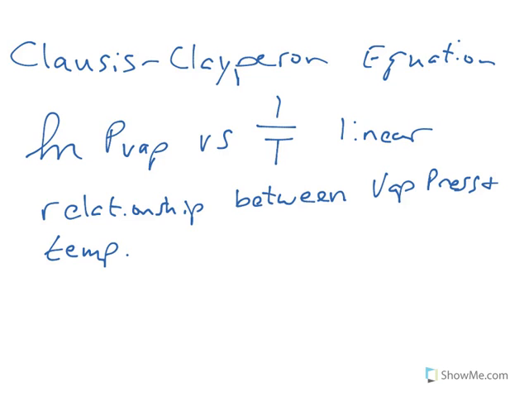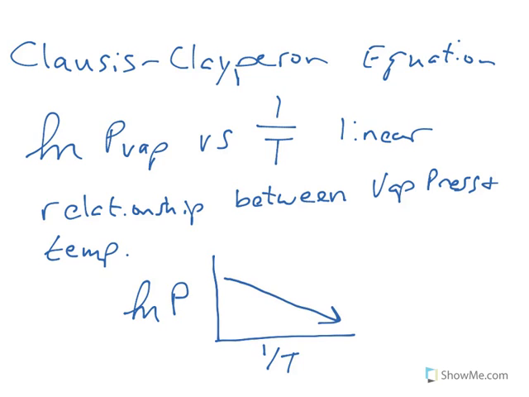So what we're going to see here is the ln of P versus 1 over T, and our plot will look like this. It's now linear, and notice it has a negative slope. It's because we're going with a 1 over T here.